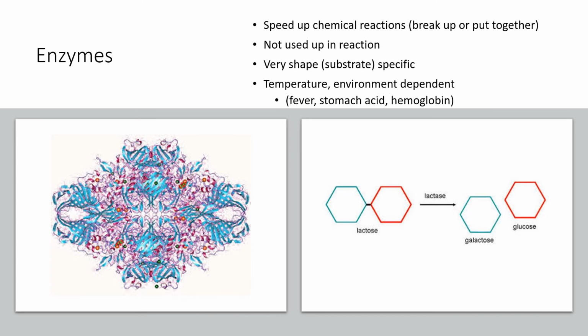So in general, an enzyme is a protein that speeds up a chemical reaction. Now, this chemical reaction could be something like breaking apart sugar, or it could be putting something together, like taking a bunch of sugars and making a macromolecule. Okay, enzyme is a very general word, and it means it's going to speed up how fast something happens.